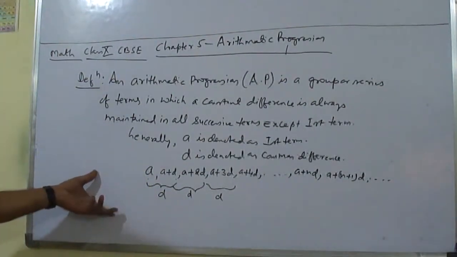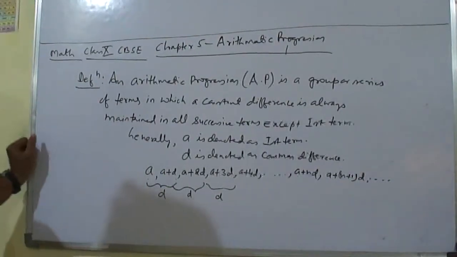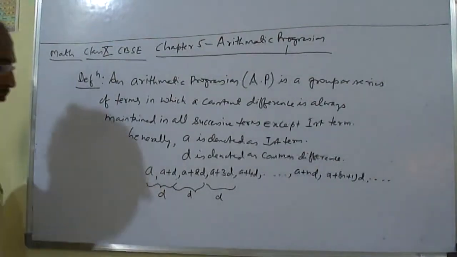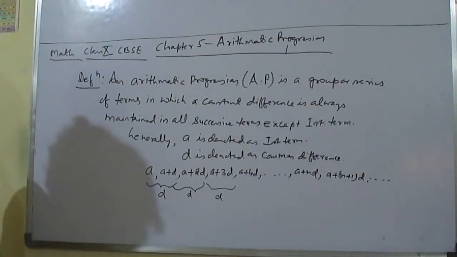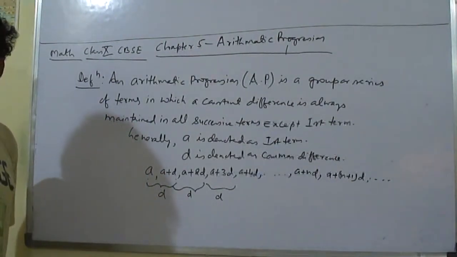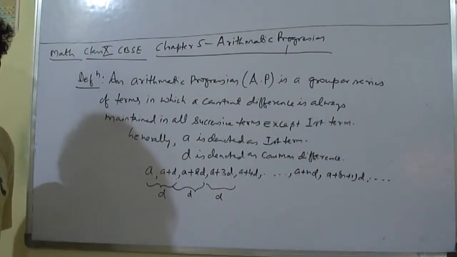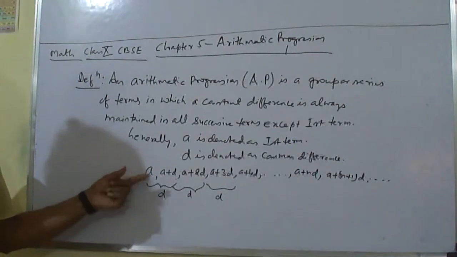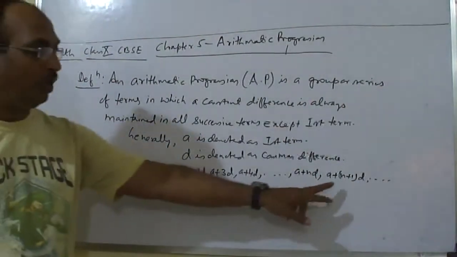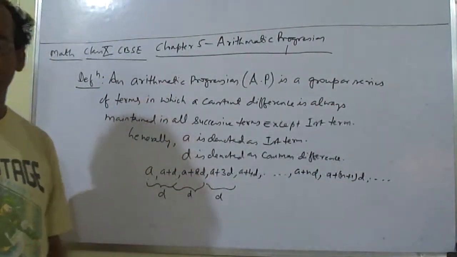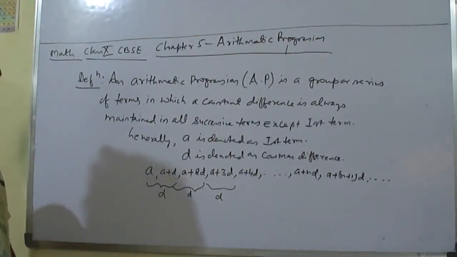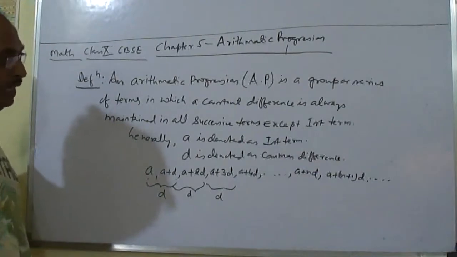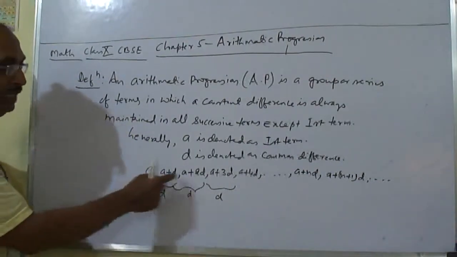Note it down. This is the first term, then this is the second term, and this will be called the n plus 1th term. Why n plus 1? Because from here it is becoming n.